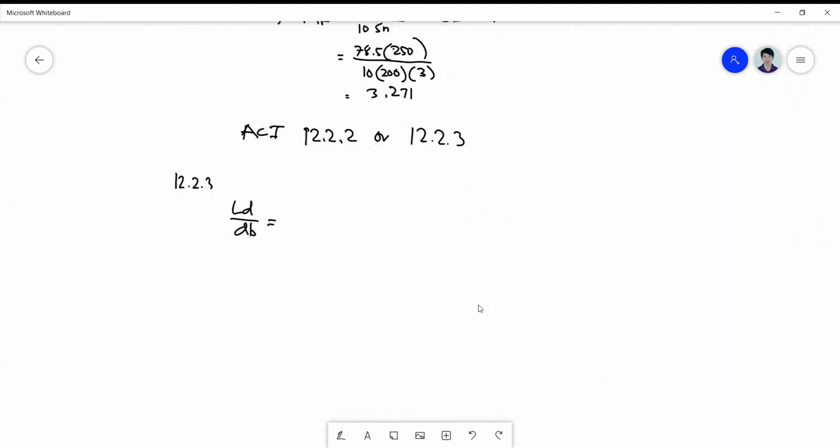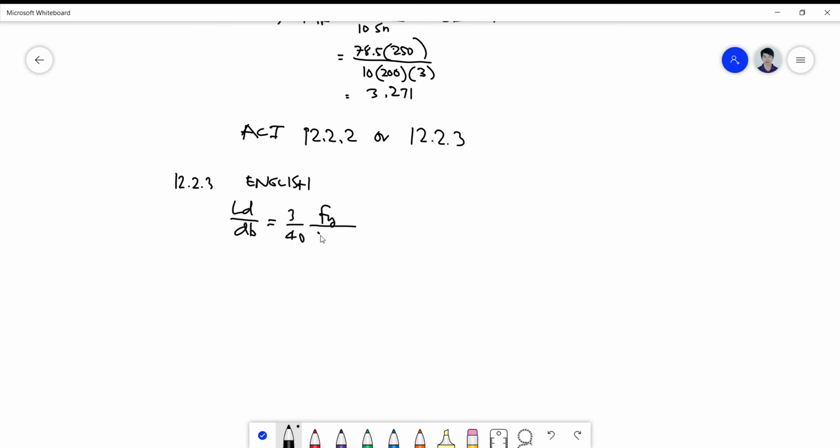Okay, so this is an English unit, class. I want you to take note, no? So this is an English version of the formula. 3 over 40 Fy over lambda square root of Fc prime.